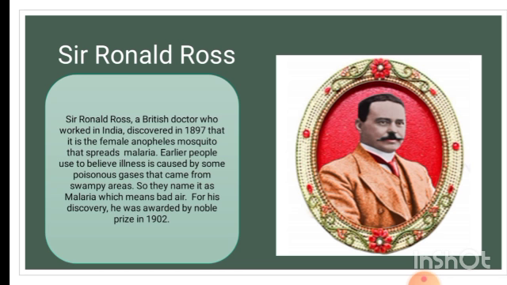Okay, so that's why they kept its name as malaria, because malaria means bad air. But later on, Sir Ronald Ross, with his discovery, found out that malaria is spread by a mosquito, and that mosquito is female Anopheles mosquito. And for his discovery, he was awarded the Nobel Prize in 1902.